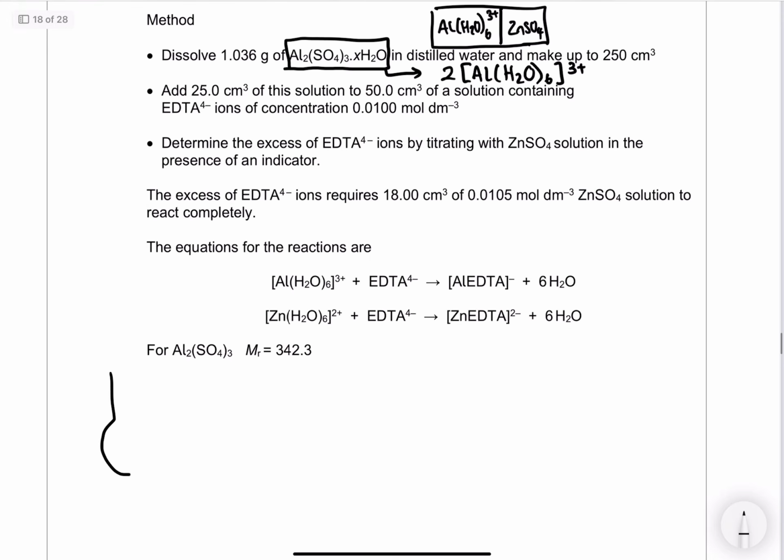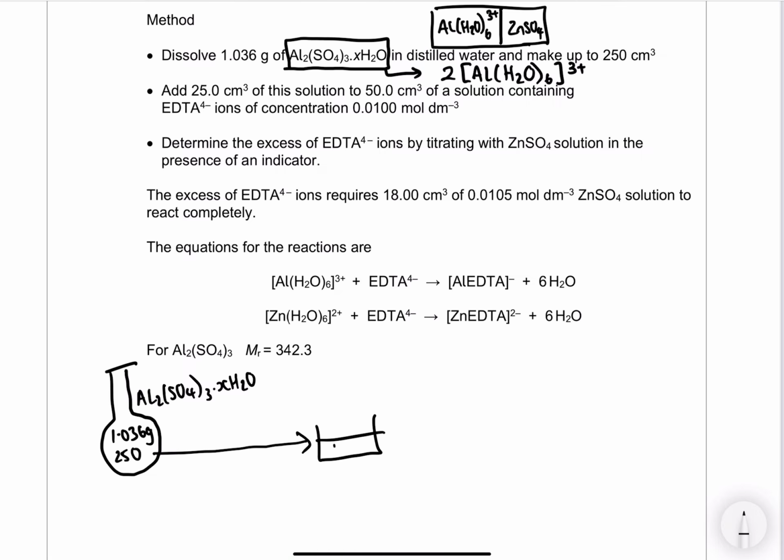So let's draw a diagram: we put 1.036 grams of the hydrated Al2(SO4)3.XH2O into a 250 flask.